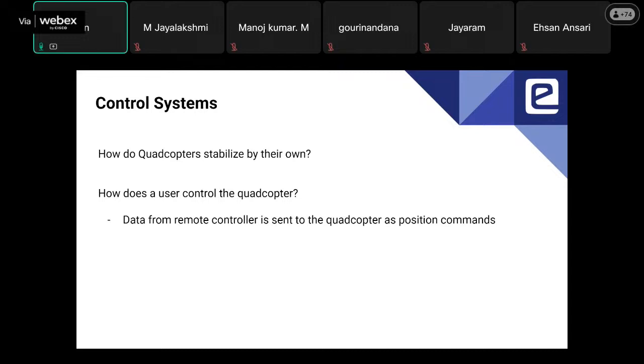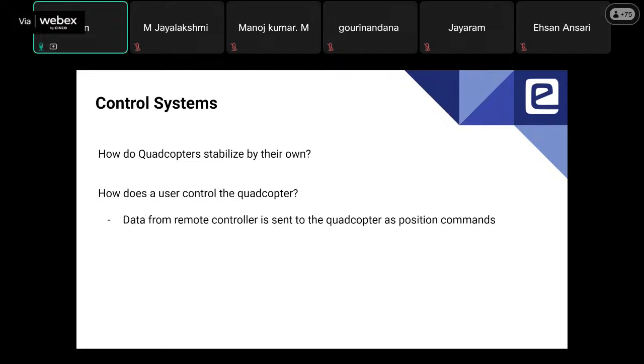Quadcopters can stabilize on their own: yes and no. It depends on how you are controlling the quadcopter. If the quadcopter is in an autonomous mode, then it can stabilize by itself. No external or user input is needed.